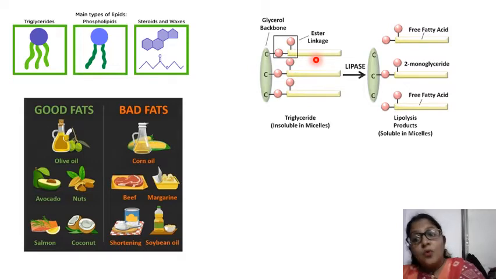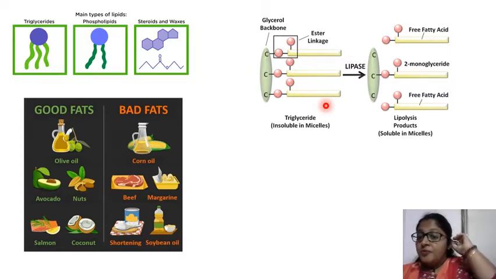Now what we need is the action of this lipase enzyme. Lipase is the fat digesting enzyme. With the action of this lipase enzyme, this triglyceride is gradually digested into free fatty acid and glycerol.